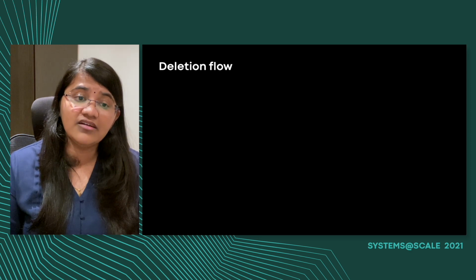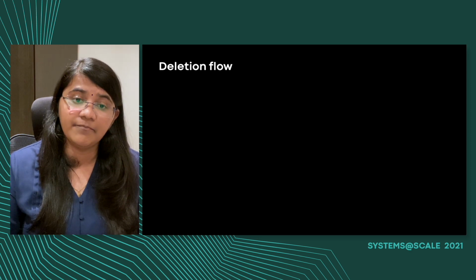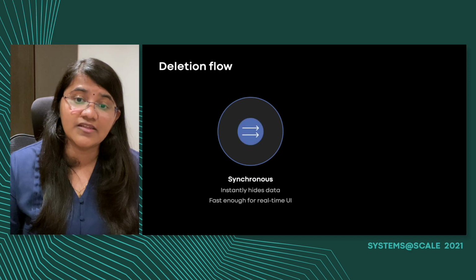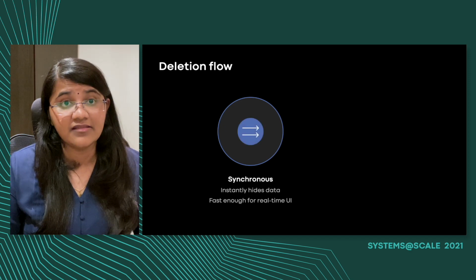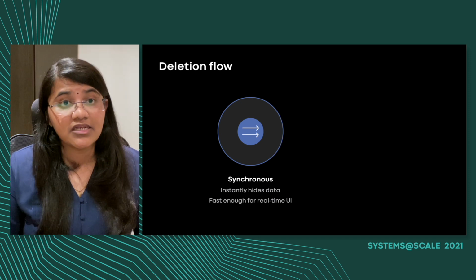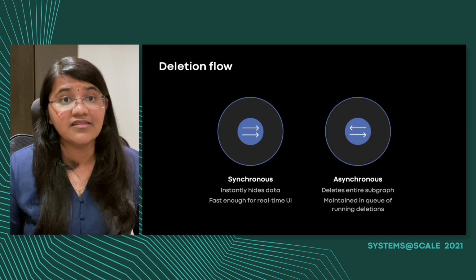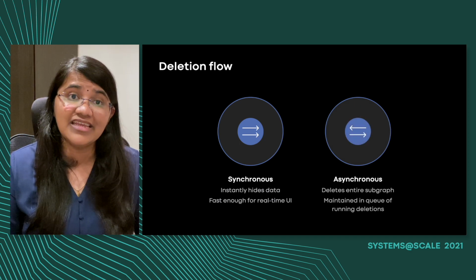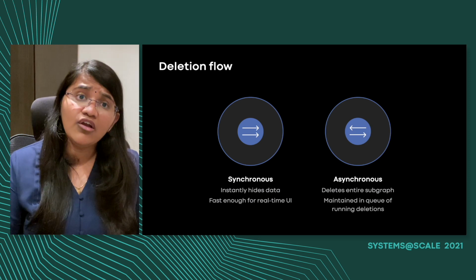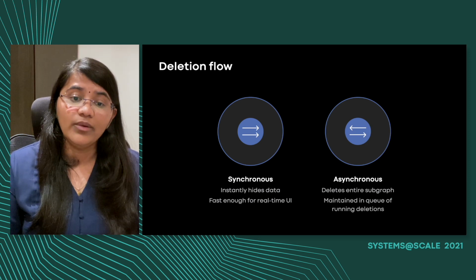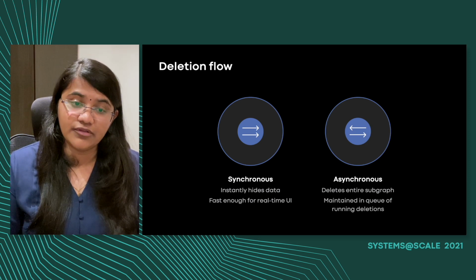Hence, we divided the deletion flow into two parts. The first one is the synchronous part, which deletes the root node and instantly hides the subgraph associated with that object. The asynchronous part, which is the second one, starts the asynchronous job which deletes the entire subgraph. For the graph traversal, we use the depth first search algorithm.